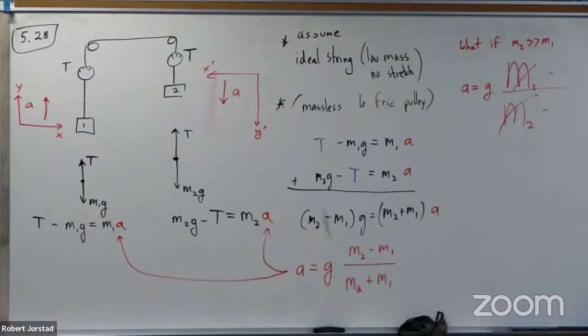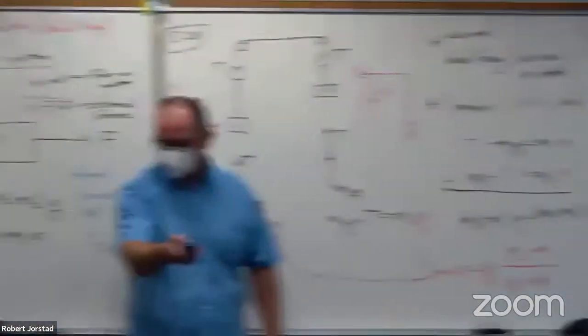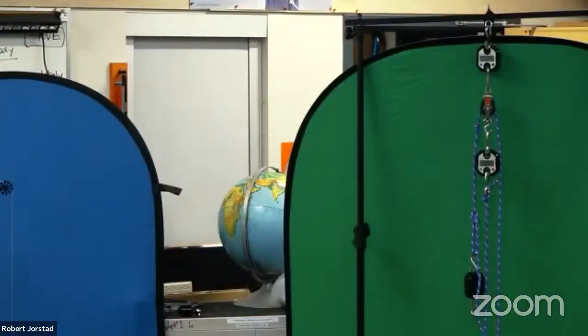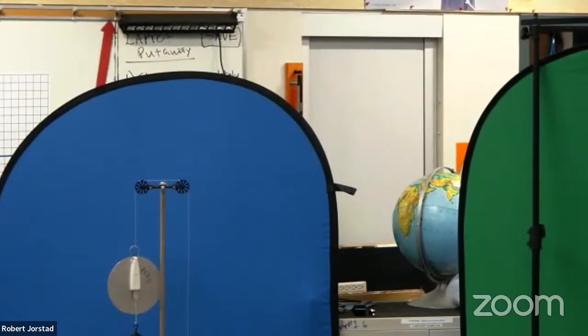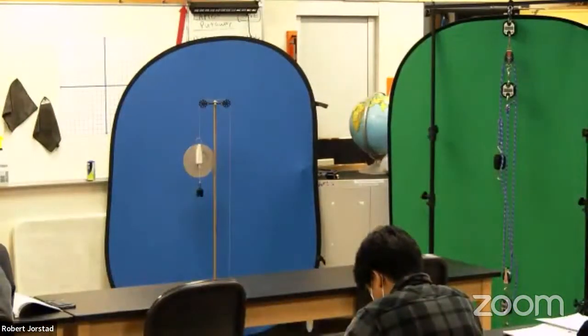Well, I guess I could show you on your way out that it does have the same tension. I'm going to do that real quick. Show you that they really do have the same tension. Sorry about that. Gosh, the table's in the way.